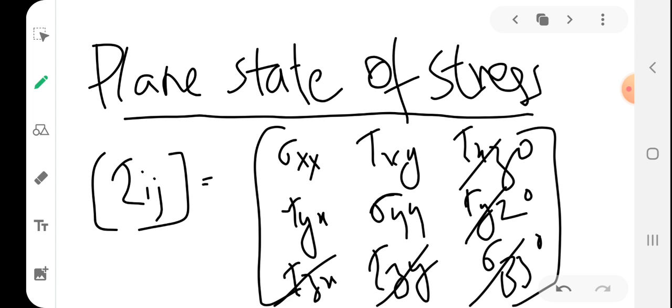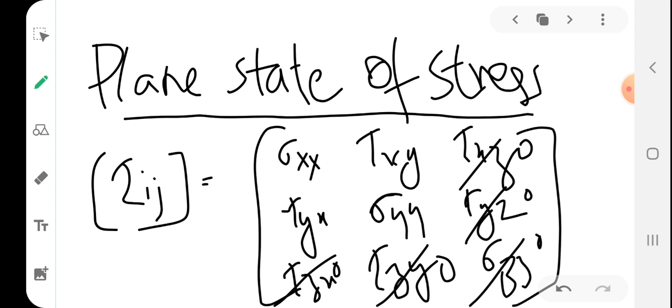Such a state of stress is called plane state of stress. So here tau xz, tau zx, tau yz, tau zy and sigma zz are zero.